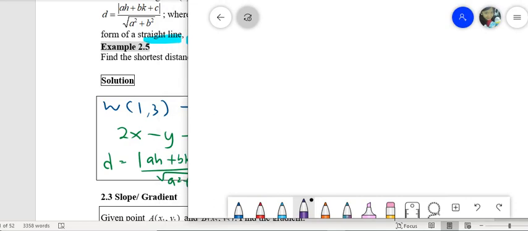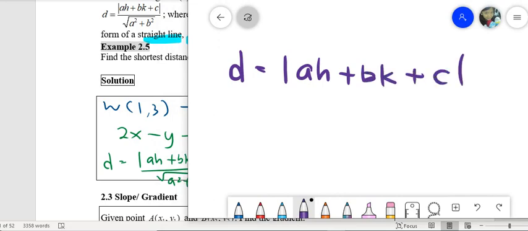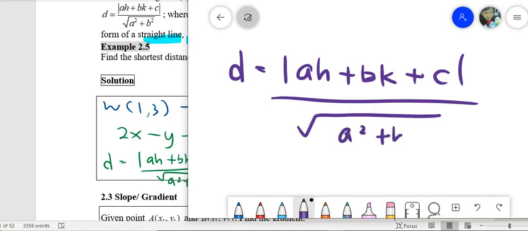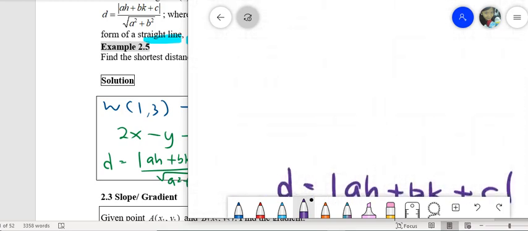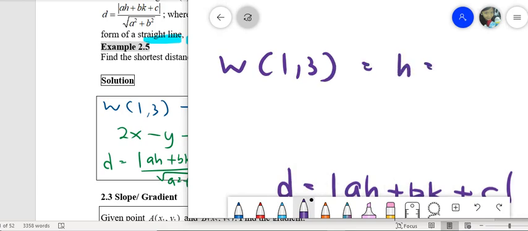Your d will be ah plus bk plus c divide with square root of a squared plus b squared, whereby just now your point is 1, 3, so your h will be 1, then your k is 3.